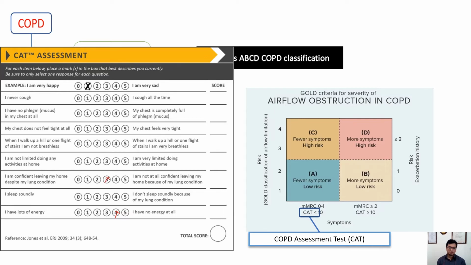So 4, 3, 7, and suppose the patient ticks my chest does not feel tight at all, that is 2, and I have a lot of cough, 4. So it means that CAT is more than 10. If CAT is more than 10, the patient has more symptoms. So CAT combines the data. CAT is a very important assessment of the patient's exacerbation and history of exacerbation.